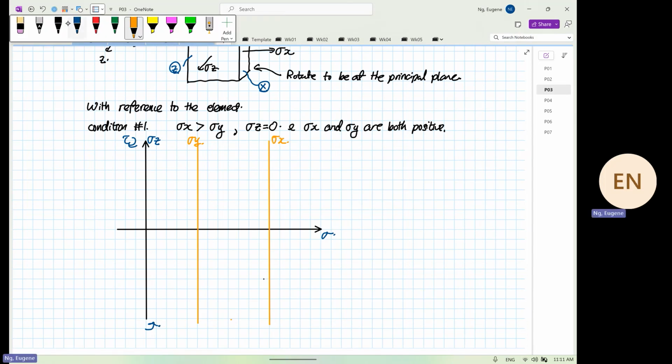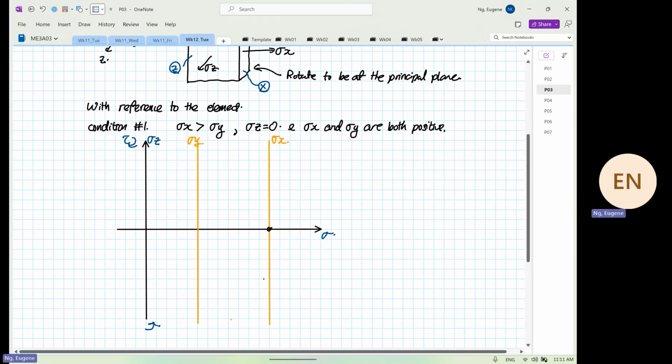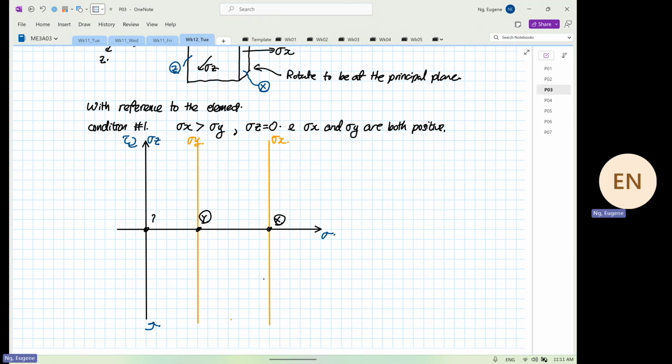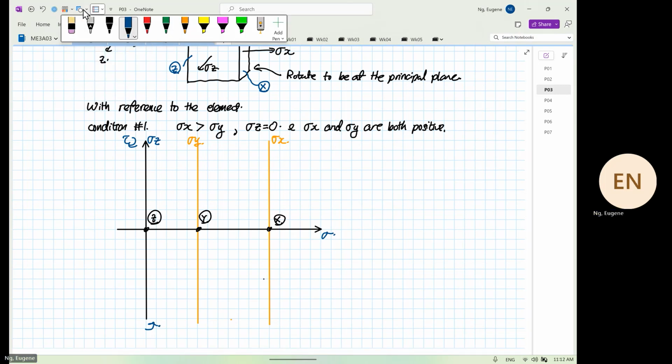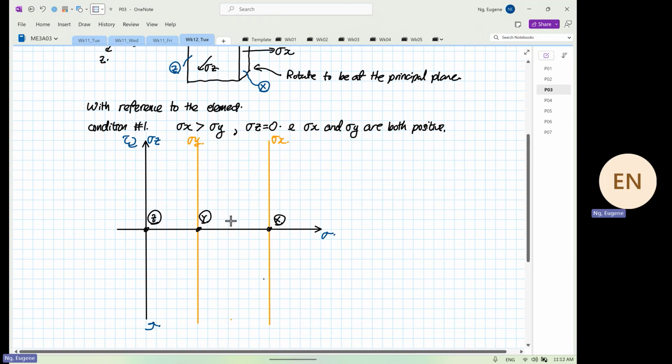And we are aware that this over here is our point X, this over here is our point Y, and this over here is our point Z, because the shearing stress is equal to 0. From here, we can construct 3 circles.